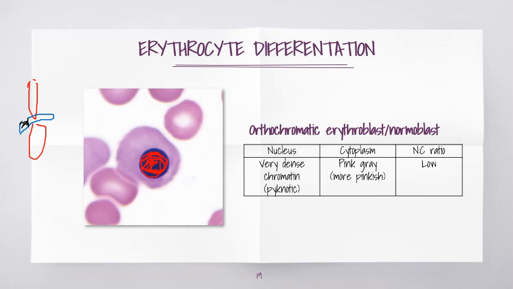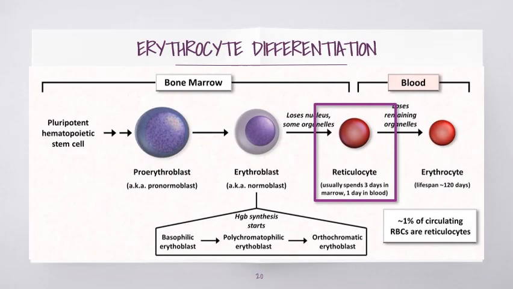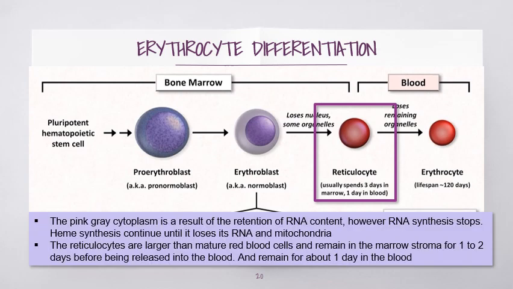And as you can see, the size of the cell is actually closer na to the immature red cell. So once it loses its nucleus, it becomes now the reticulocyte. The reticulocyte has almost the same color of cytoplasm as your orthochromatophilic erythroblast, except that it no longer has the nucleus.